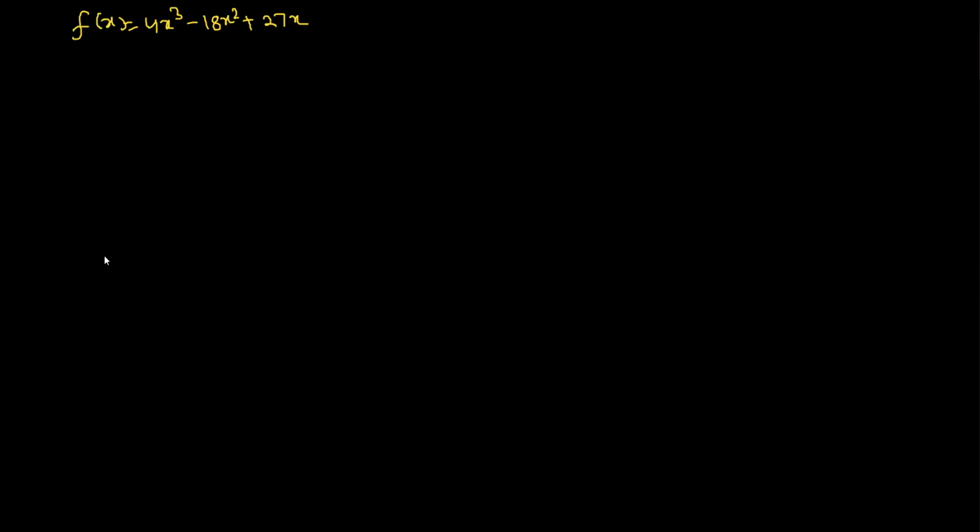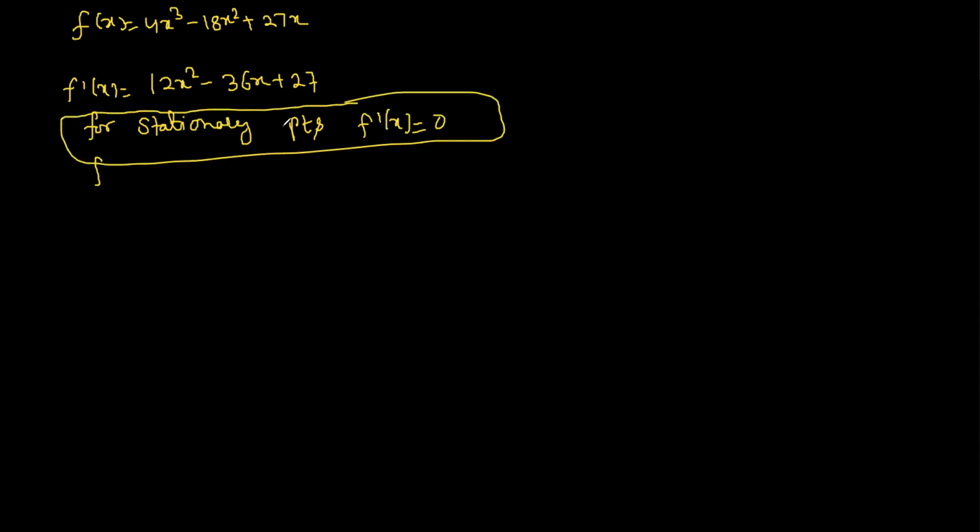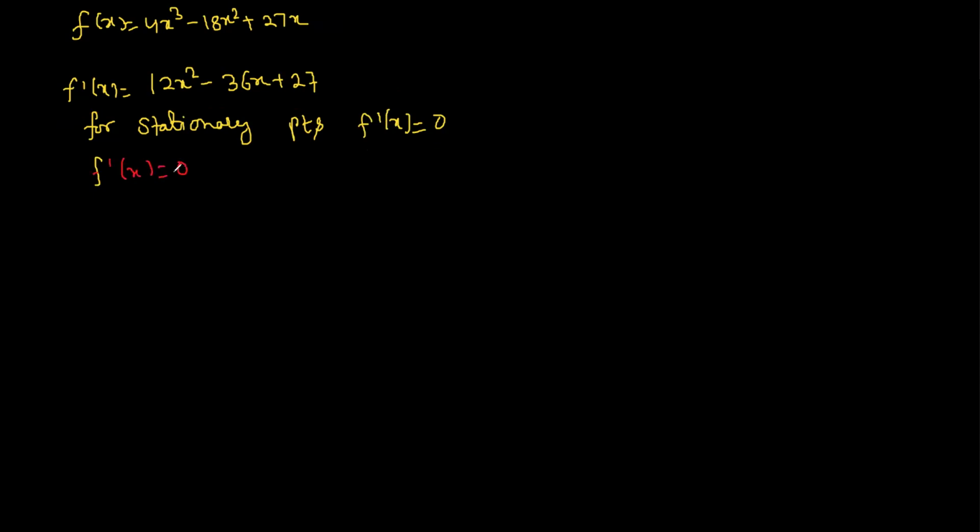Yes, find f dash x, which is equal to 12 x square minus 36 x plus 27, right? Always write for a stationary point, the point at which you can decide maxima or minima or saddle point, right? So for stationary point, put f dash x is equal to 0. Always write proper steps. Okay. Then f dash x is equal to 0.